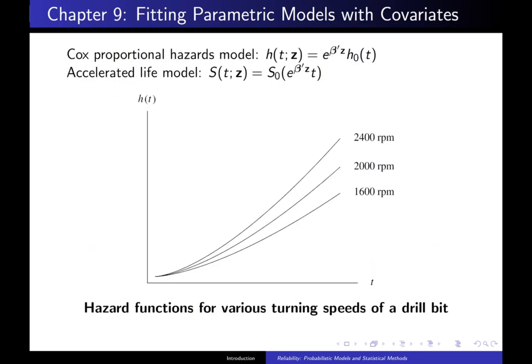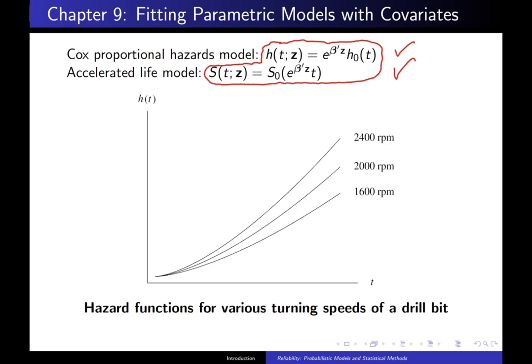In Chapter 9 we consider a covariate, and we look at the Cox proportional hazards model and the accelerated life model, which were introduced back in Chapter 5. And for any t greater than 0, here is the hazard function, and here is the survivor function for those two models.